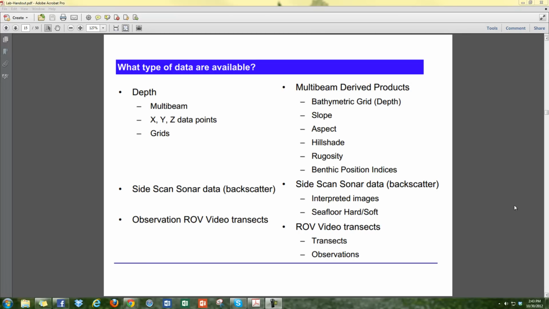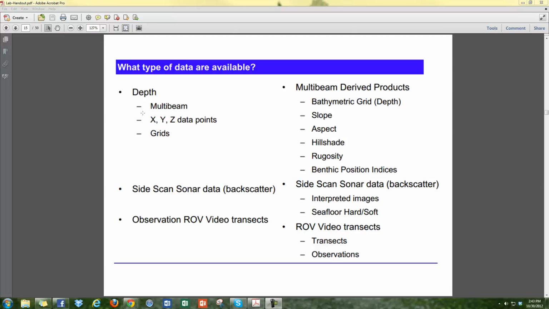So first we ask what type of data is available. We have depth multi-beams that make little XYZ data points, and we can turn those into grids. So we have this bathymetry available. We have sonars, and of course we have our ROVs that are doing transects, these unmanned vehicles that are remotely controlled.